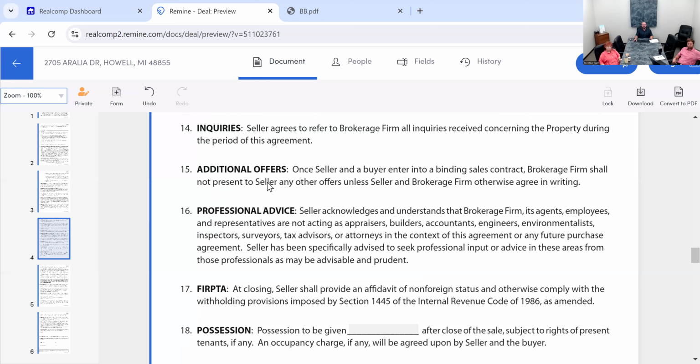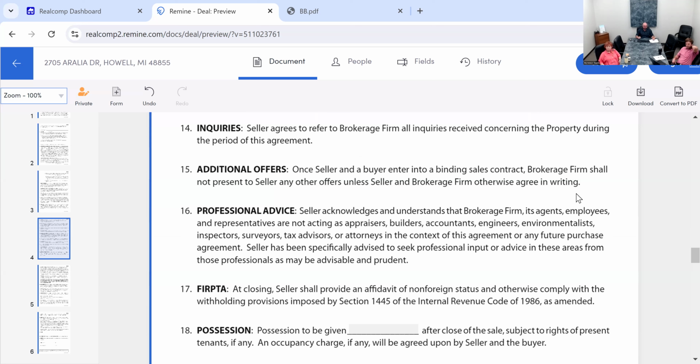All right, additional offers. Once a seller and buyer enter into a binding contract, the brokerage shall not present to seller any other offers unless the seller and broker otherwise agree in writing. So you have a pending listing and some random agent is like, hey, here's another offer for your house. I know it's pending, but here's an offer anyway. You are not obligated to show that offer to your seller.